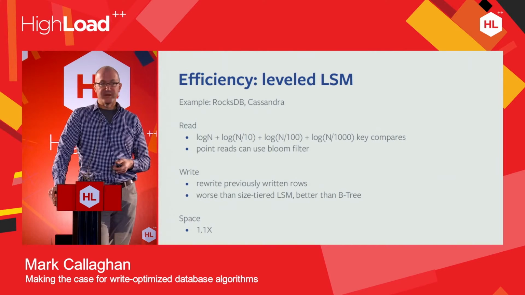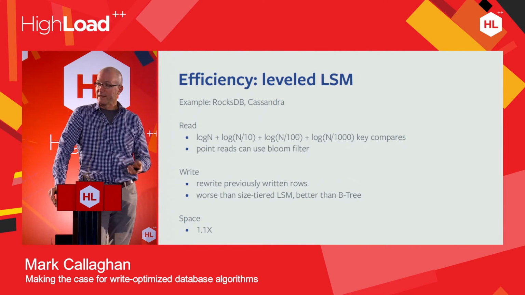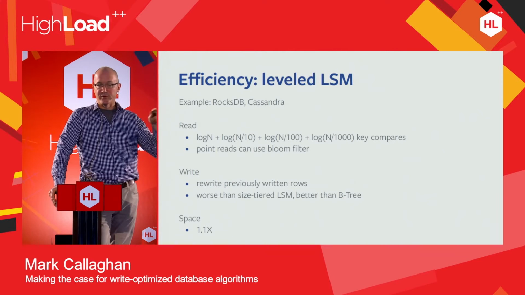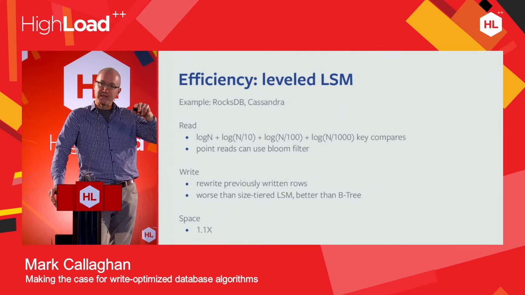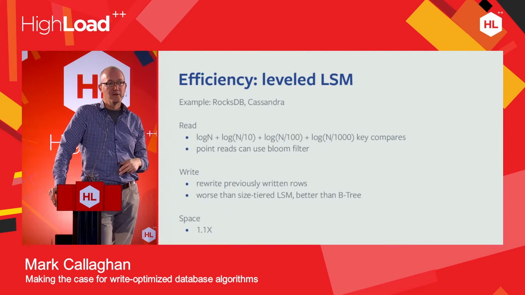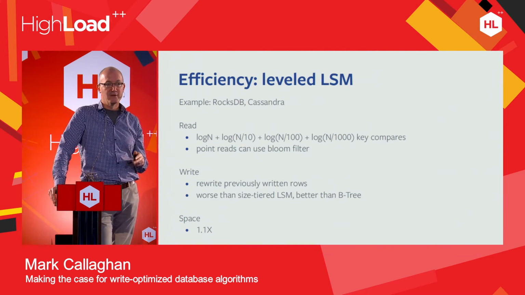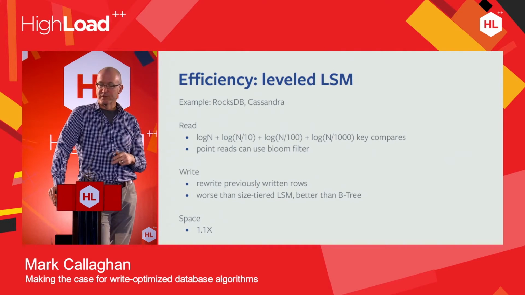Leveled compaction with an LSM tree, using RocksDB and Cassandra as examples. Reads are likely to have more CPU overhead. If you think of an LSM tree with leveled compaction as being a sequence of B-trees in decreasing size, so the max level of the LSM would have n keys, the next level above it would have n over 10 keys, above that n over 100 keys.